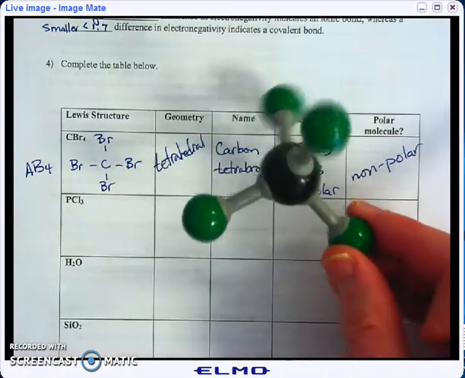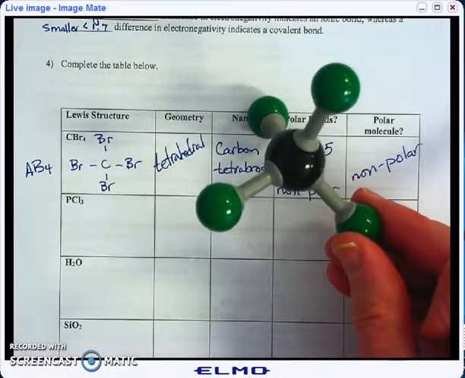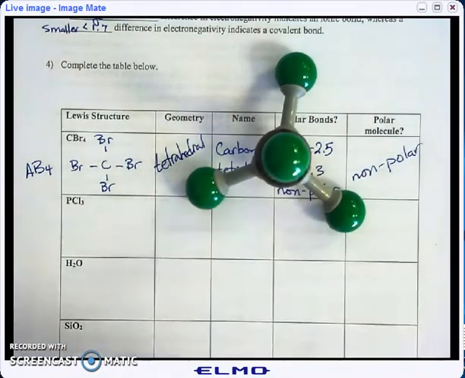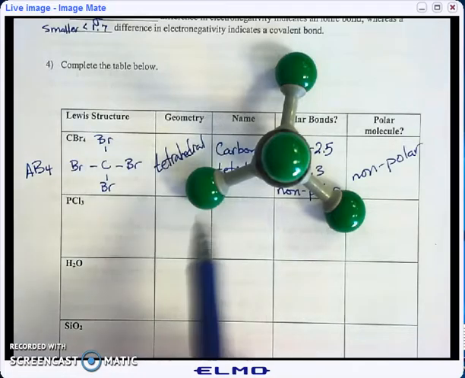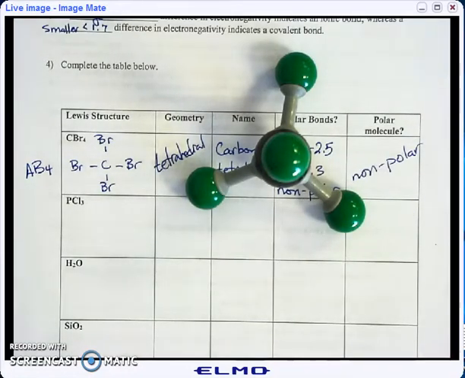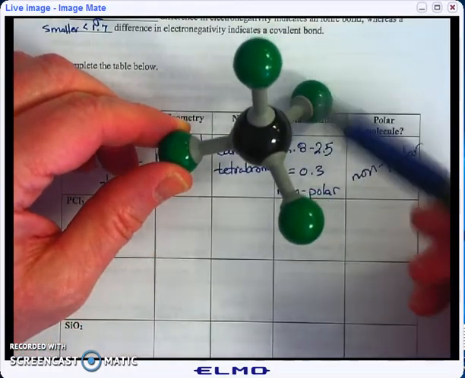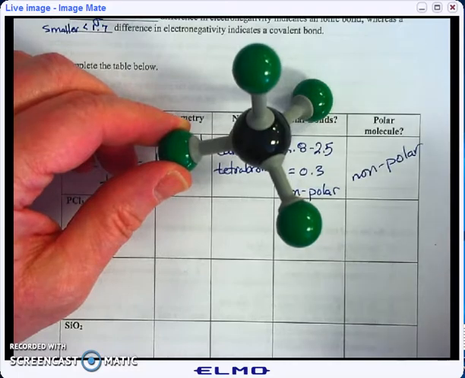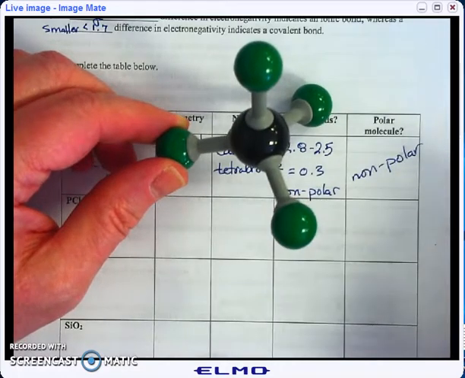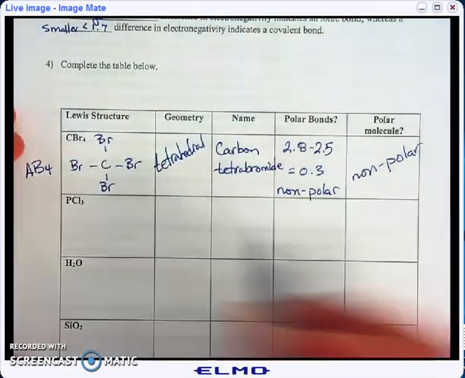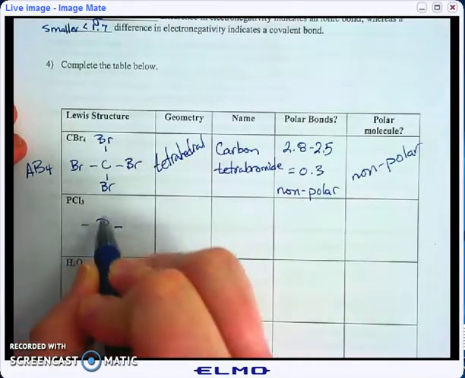It's a tetrahedral carbon tetrabromide. The carbon in the middle is the least electronegative, so they're all tugging at its electrons, but they all pull equally. So if they all have the same pull on them, nobody is getting more than the rest of them, so it's a non-polar molecule. As long as they're all pulling equally, it's going to end up being nonpolar. Okay, who's up next?